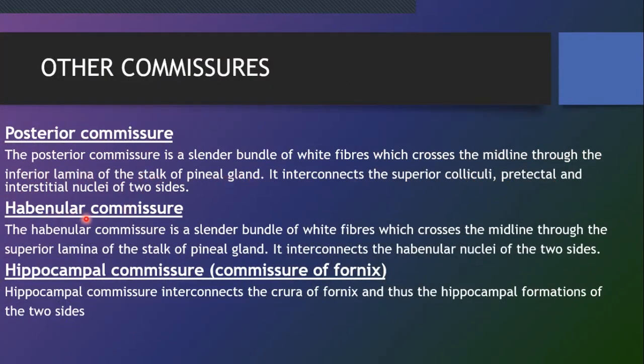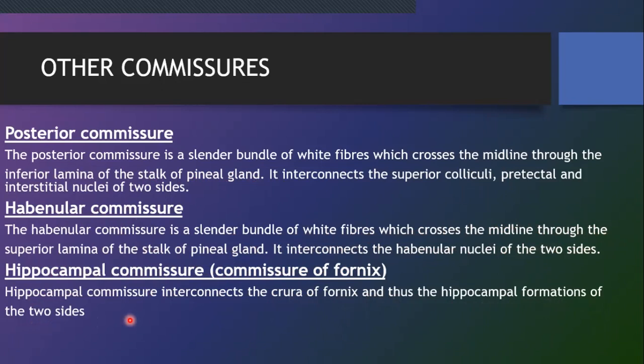Then we have habenular commissure, which is also a slender bundle of white fibers which crosses the midline through the superior lamina of the stalk of pineal gland and usually interconnects the habenular nuclei of the two sides. Then we have the hippocampal commissure or the commissure of fornix, which interconnects the crura of fornix and thus the hippocampal formations of the two sides.